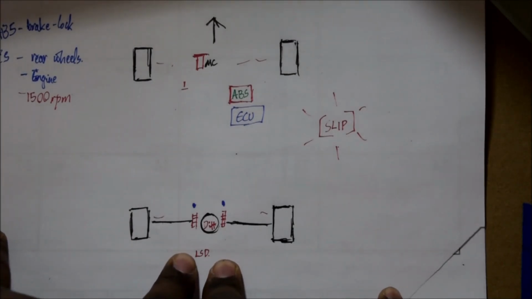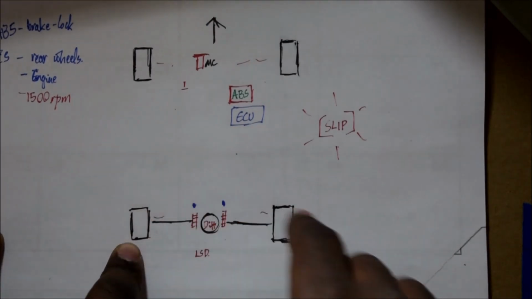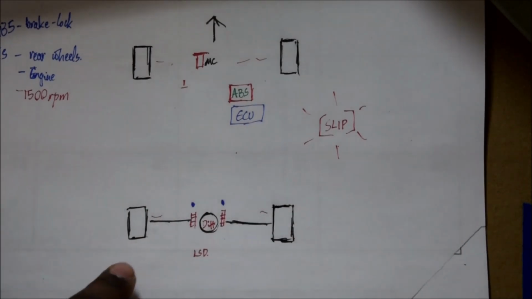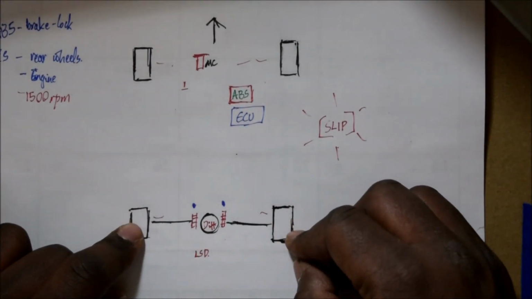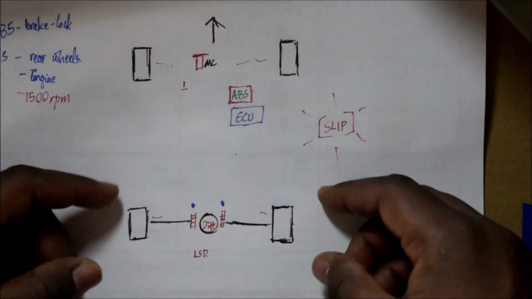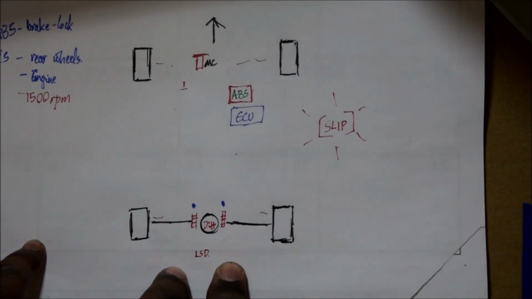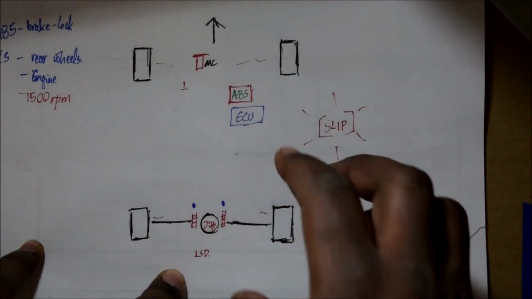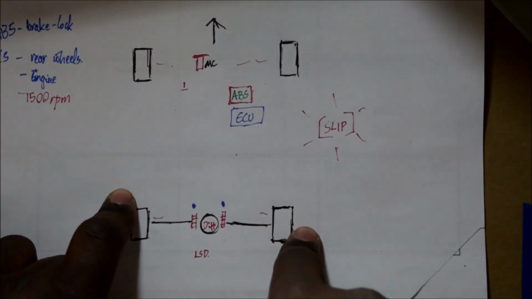What that aims to do, typically mechanically, though there are some electronic ones, is equalize the speed on each side of the differential. That means if this side starts spinning, the other side should be right there with it. With open differentials like this one, if you don't control for anything, all the power is going to go to that wheel that's spinning.